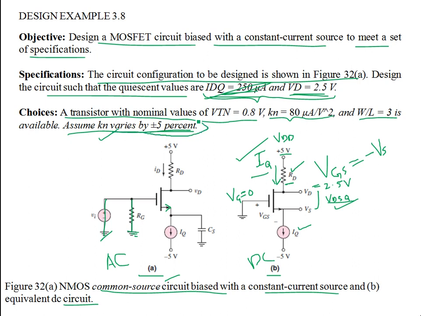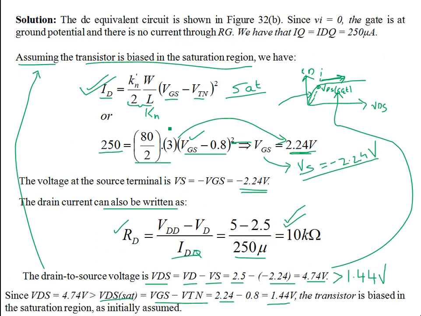So you involve this variation in Kn to see how much VGS changes and how much in turn VDS changes. From VGS you are going to get VS, and then this VS is going to affect your VDS as well. So let's see how much this quantity varies and how much VGS varies for the given Kn.